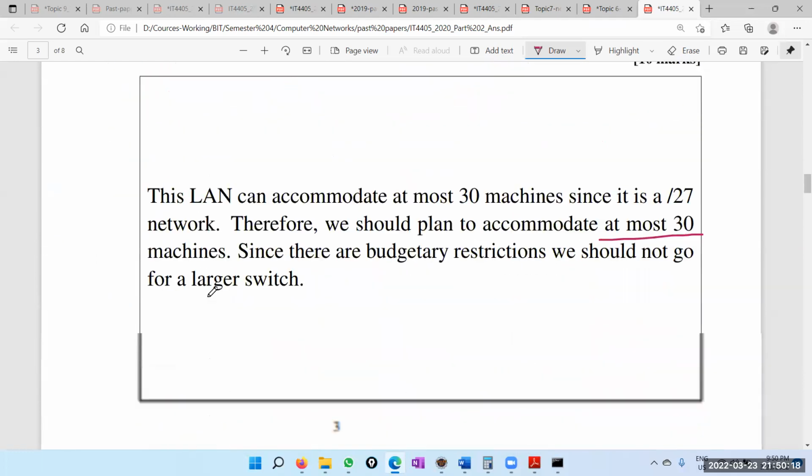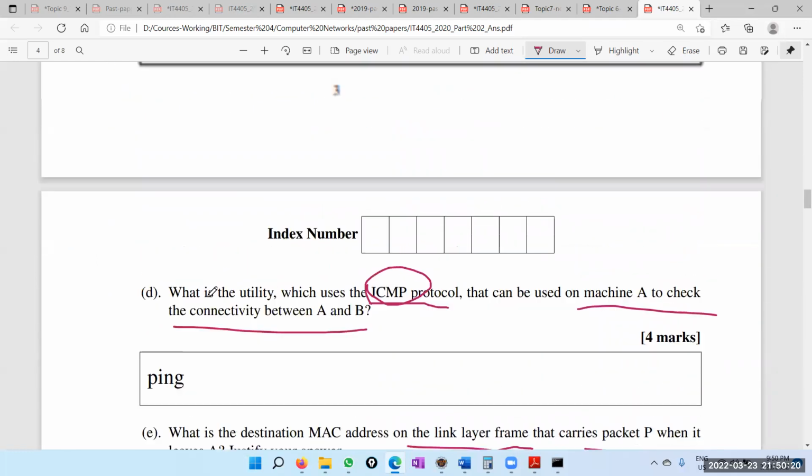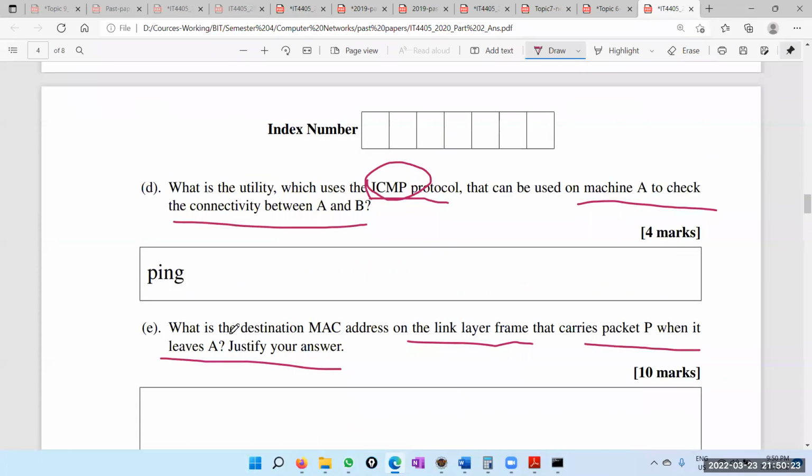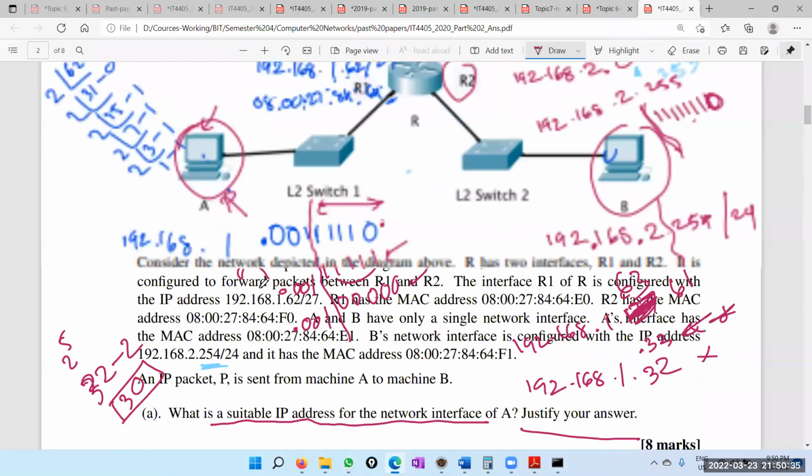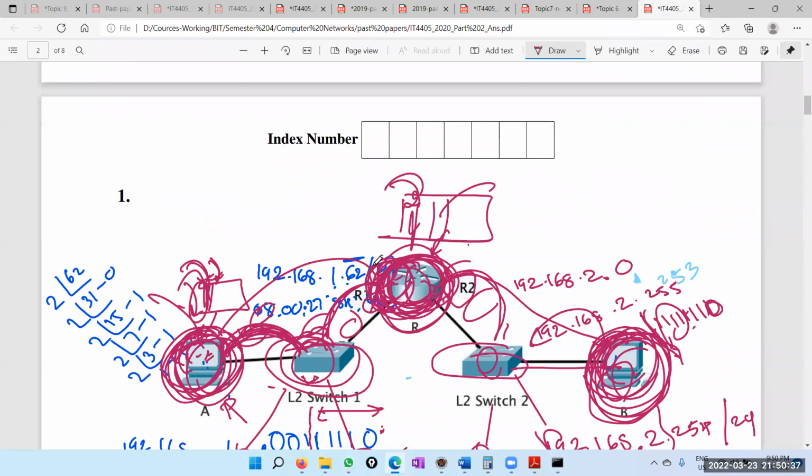Right. So now what is the question? What is the destination MAC address on the link layer frame that carries packet P when it leaves A? When it leaves A, the destination MAC address will be the MAC address of the router, the R1 side. That will be the MAC address of the router's R1 interface.